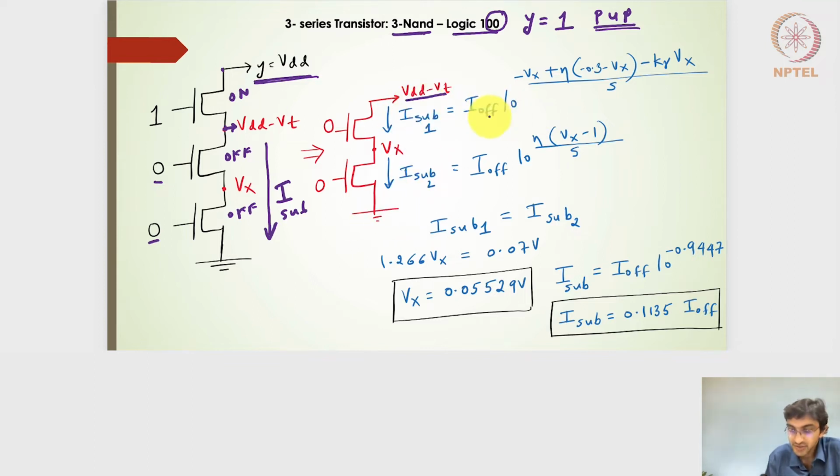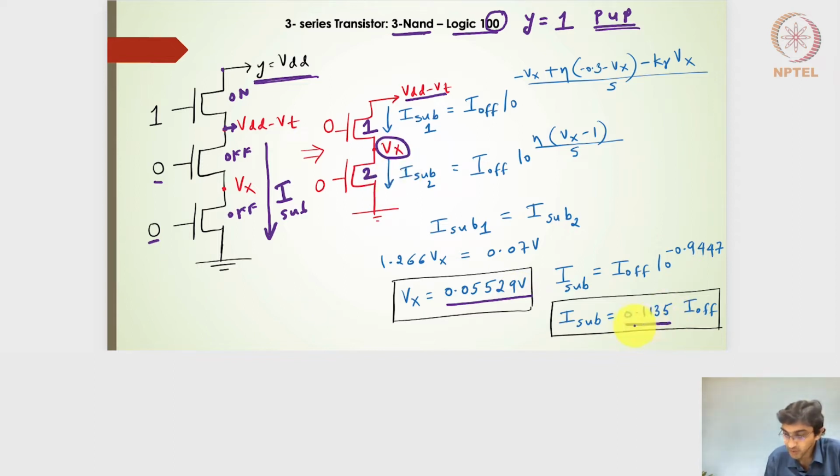Right, and that is what we had done: VDD minus VT, and then ground. Using the approximate equation of the subthreshold leakage current, we arrived at an expression of subthreshold leakage current for transistor number 1, and then for transistor number 2. Equating both the subthreshold leakage currents, we were able to find Vx, which was 0.05529 volts, and then find the subthreshold leakage current.